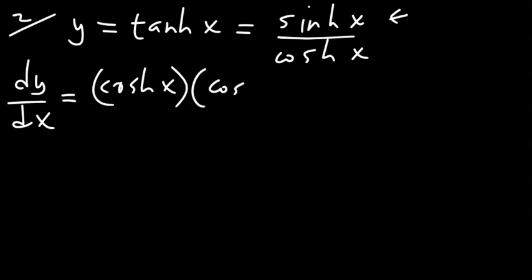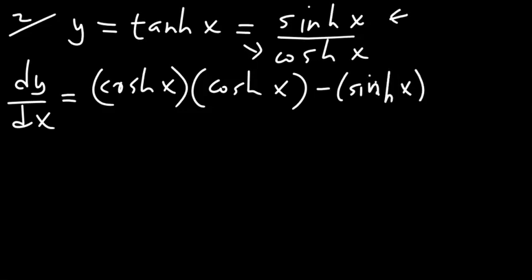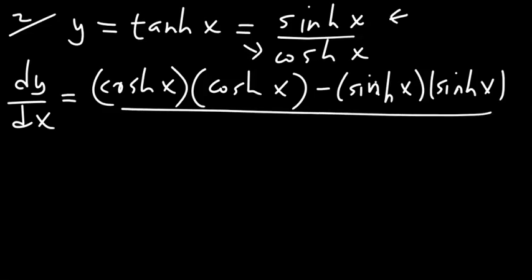Multiply the denominator, another hyperbolic cosine. Subtract, now differentiate the denominator. You will get hyperbolic sine of x times the numerator, you get hyperbolic sine of x. Divide by the square of the denominator, square of hyperbolic cosine of x.